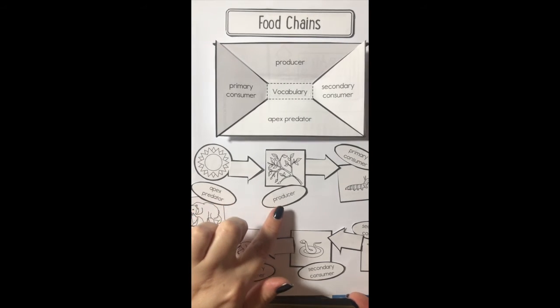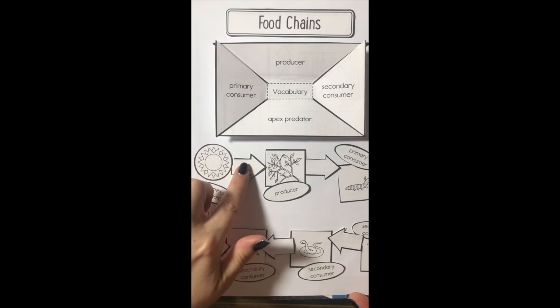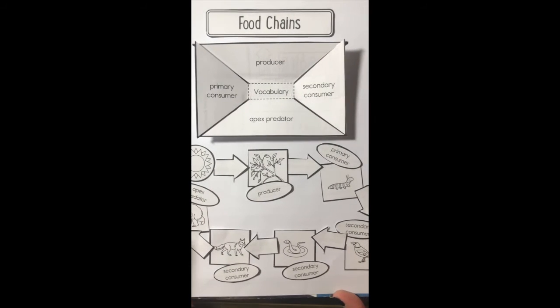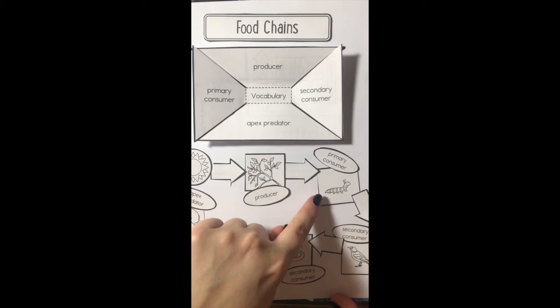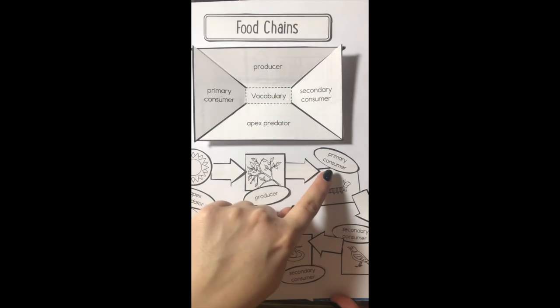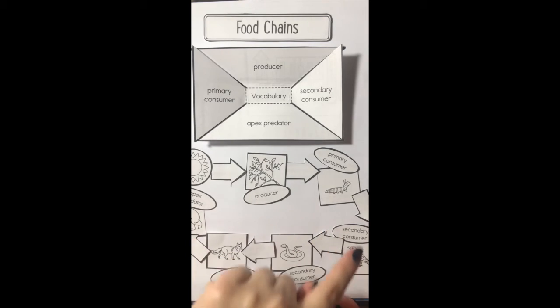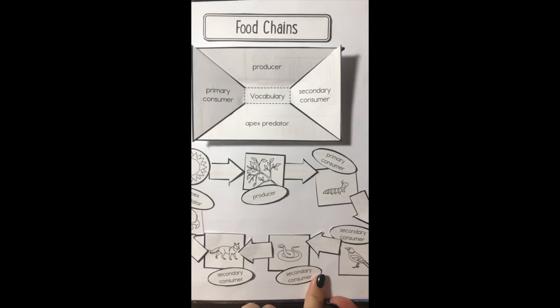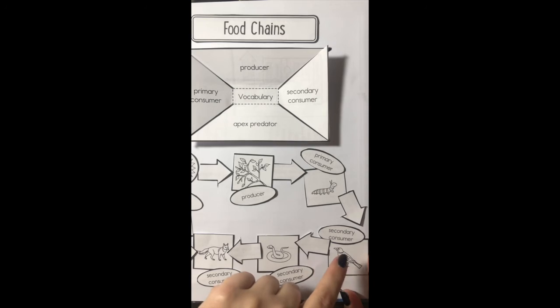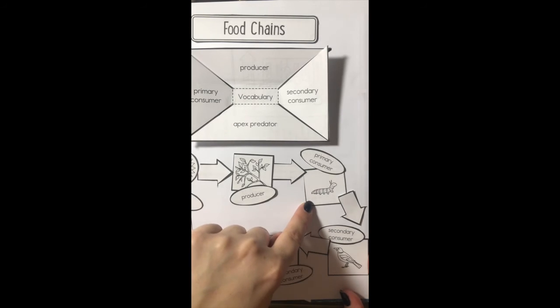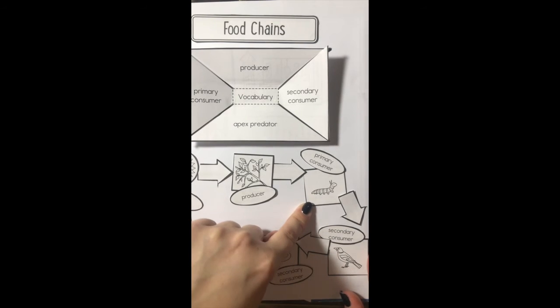So you would match these up. Then, following the arrow, we have one primary consumer. The primary consumer is going to eat the plant, and then the secondary consumer, in this case we have a bird, would eat the insect, or in this case caterpillar.